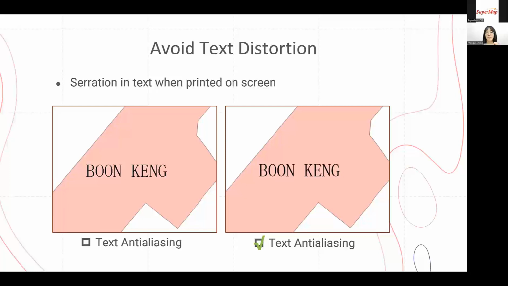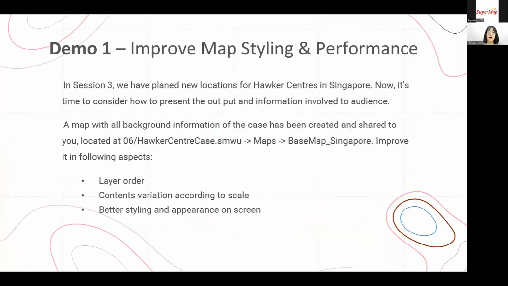So now let's come to our first demo. In this demo, we're going to use the data and the result we created in the third session, that is the Hawker-centric case in Singapore.